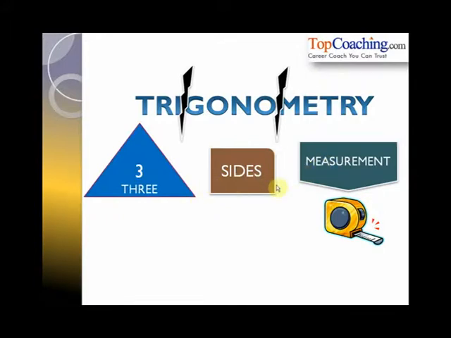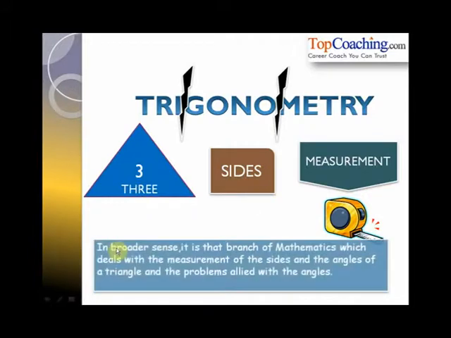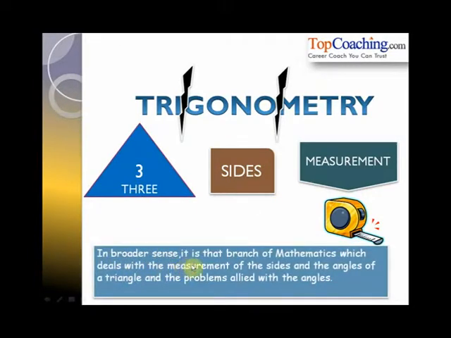And also we know that a figure with 3 sides is nothing but a triangle. So now what we can say is, in broader sense, trigonometry is a branch of mathematics which deals with the measurements of sides and the angles of a triangle and the problems allied with the angles. So we can say that trigonometry is nothing but a branch that deals with the measurements of sides and the angles of a triangle.